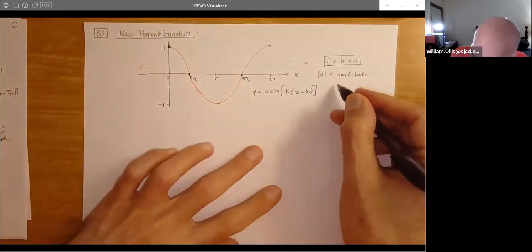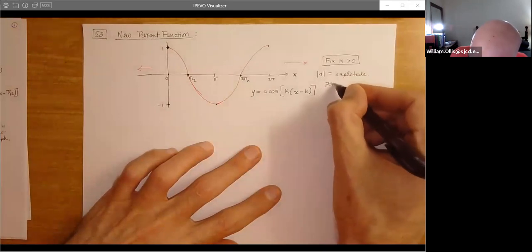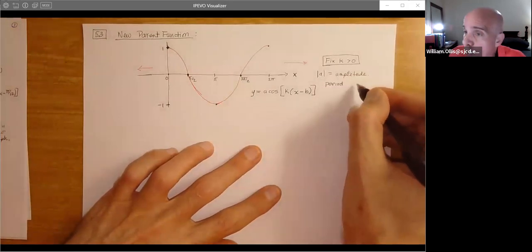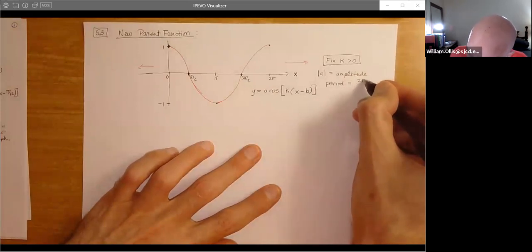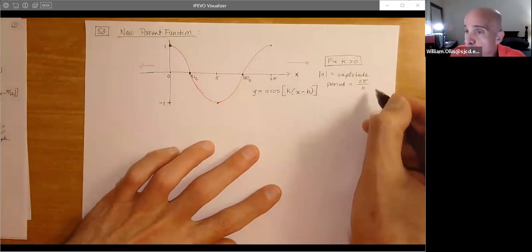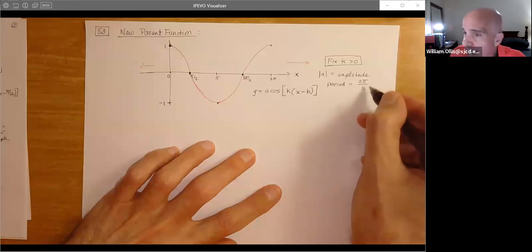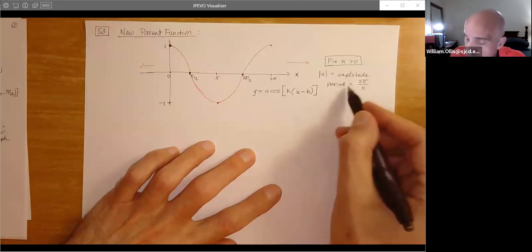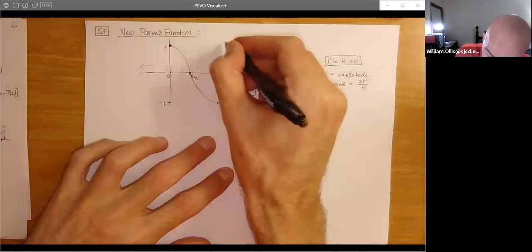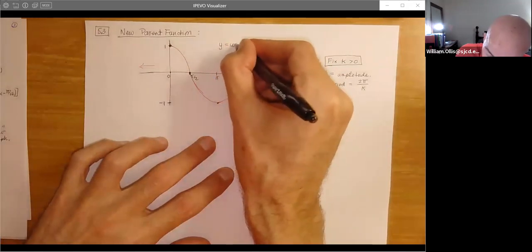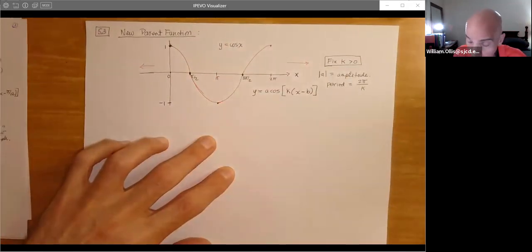And then the period, which is the horizontal stretching or compression, will now be the basic period divided by K. Of course, if K is between 0 and 1, then this gets bigger. If K is bigger than 1, this gets smaller. So this is exactly what we did before, but now we say the new period is 2 pi over K. Remember, we say y equals cosine x is 2 pi periodic.